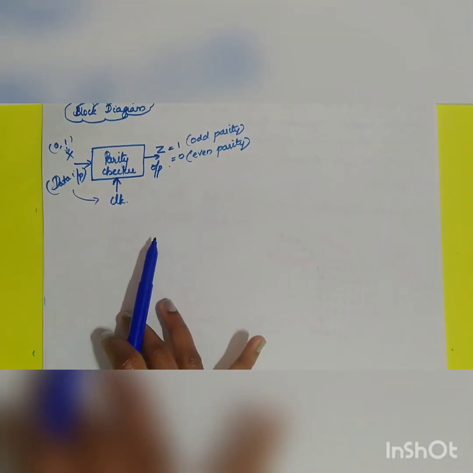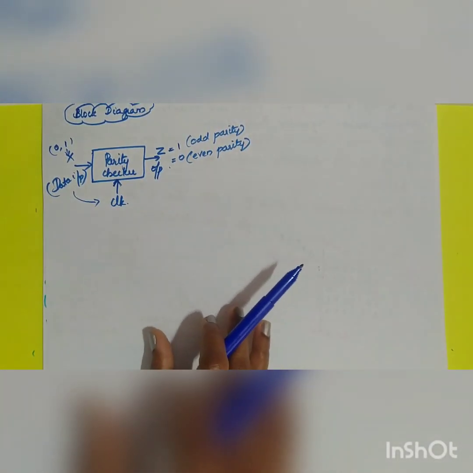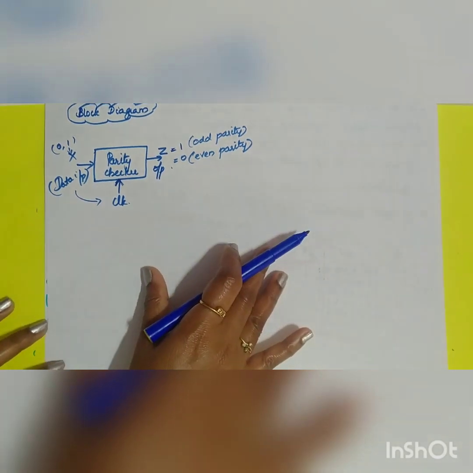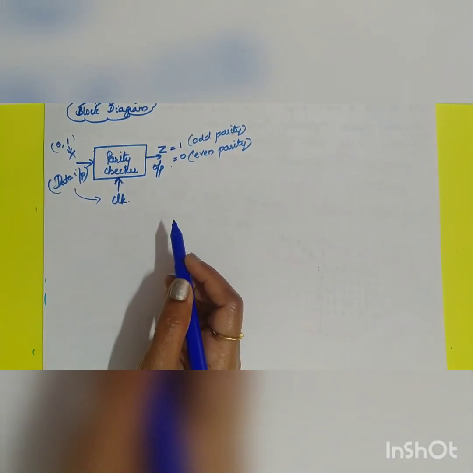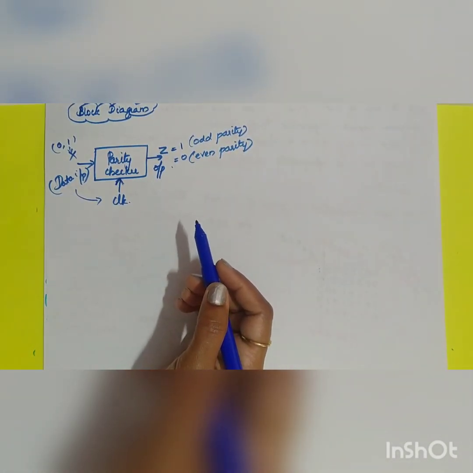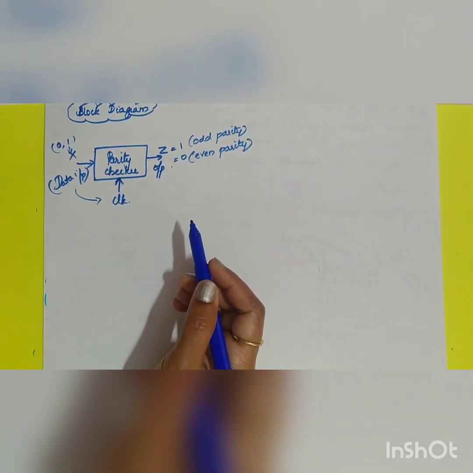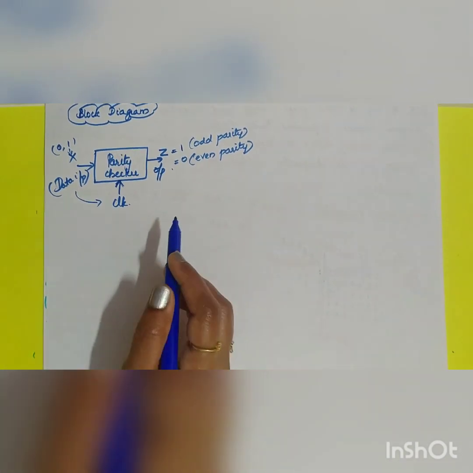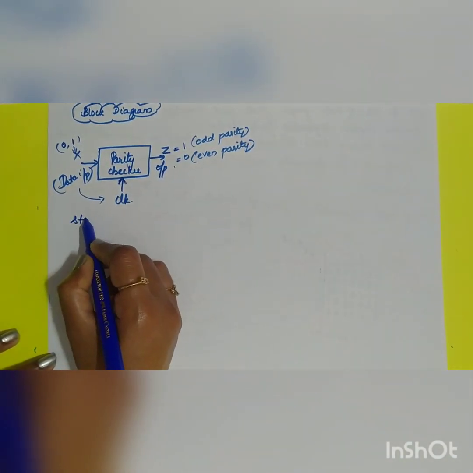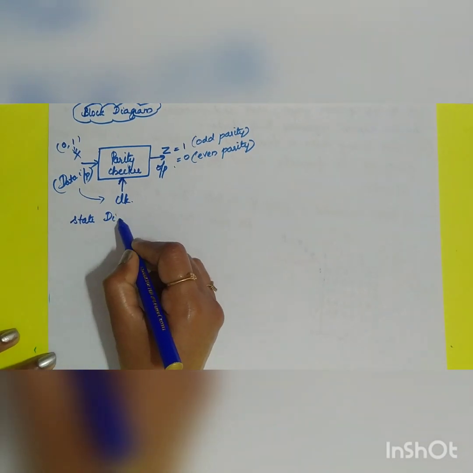The second one is your state diagram, or state graph. You know that the sequential circuit must remember whether the total number of ones is odd or even. So how many states will you have? Obviously you will have 2 states. Let me take the state diagram.